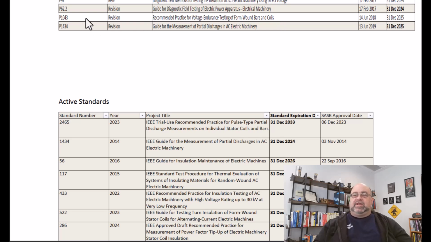So, 1043, recommended practice for voltage endurance testing of form wound bars and coils. That's to gather information on whether insulation mixes and so on will pass, and this is also something that can be specified in the manufacture of a machine. You have to remember, as you specify some of these things, that will have a direct impact on the cost of building it.